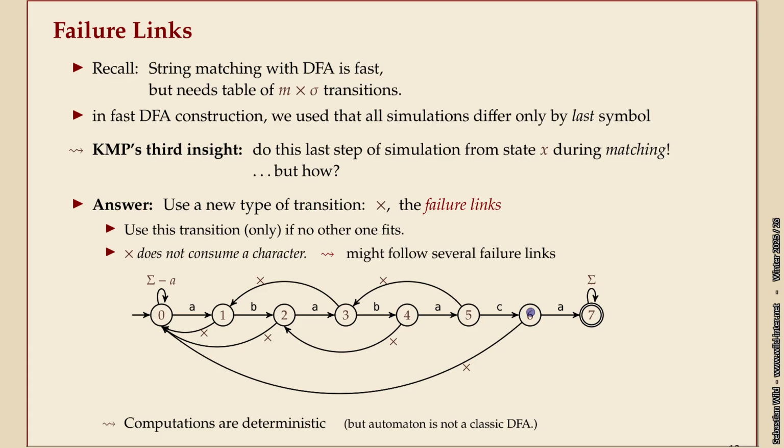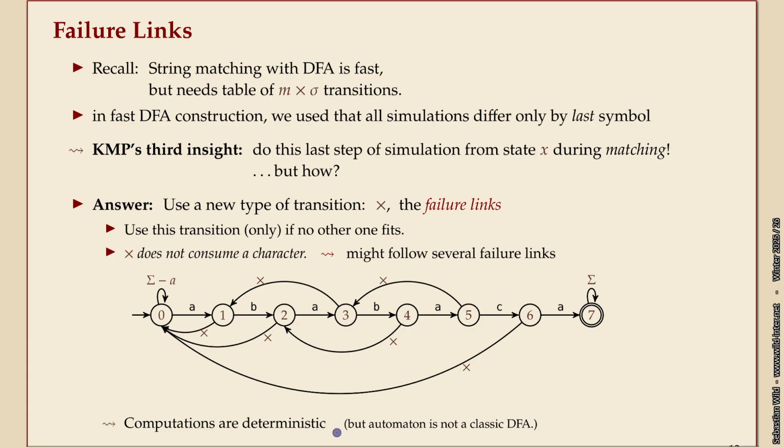It could also happen that it's an A, so you can neither follow the C nor the B. Then you have to follow another failure link and another until you can finally read this. Because these failure links don't consume characters, it might mean that we have to follow several of them before we make progress in the text.